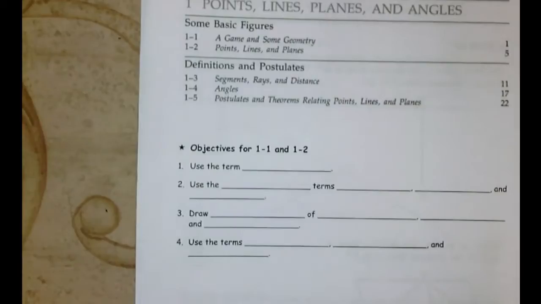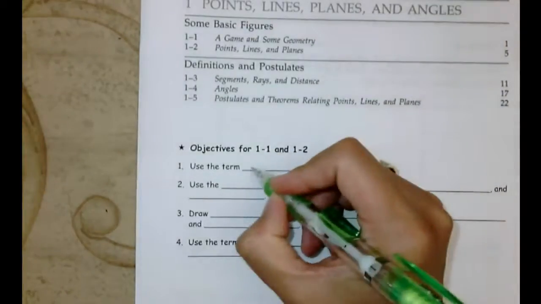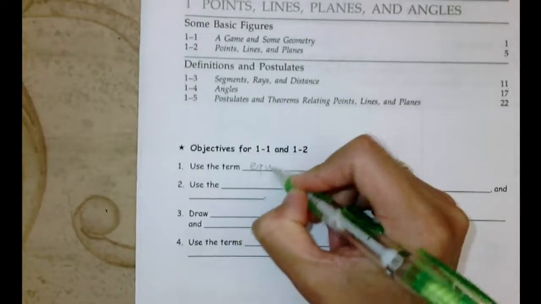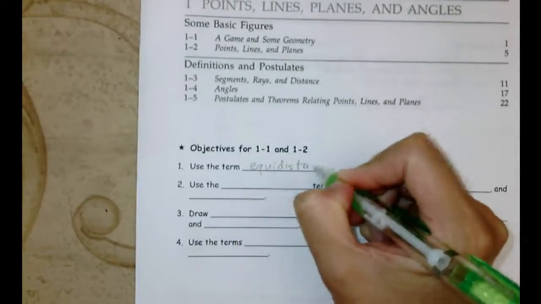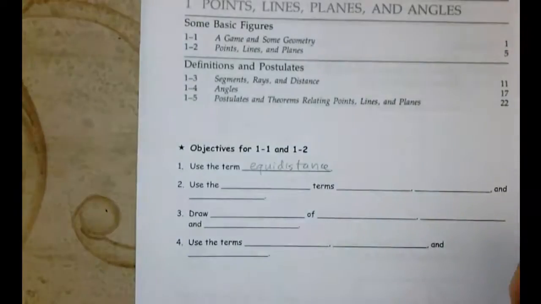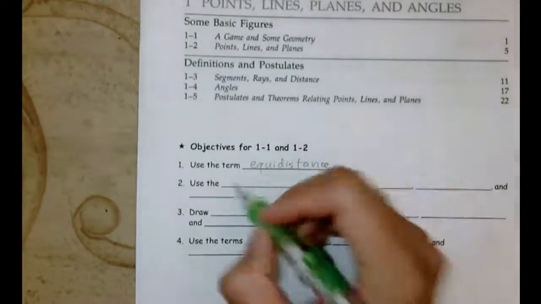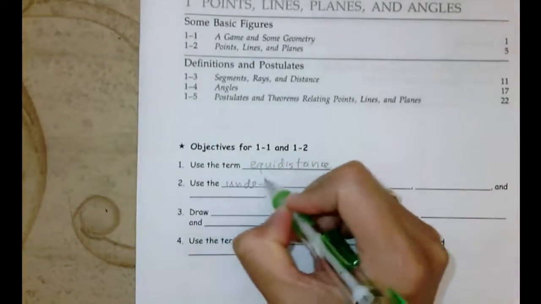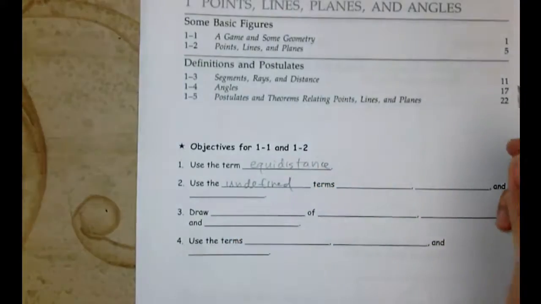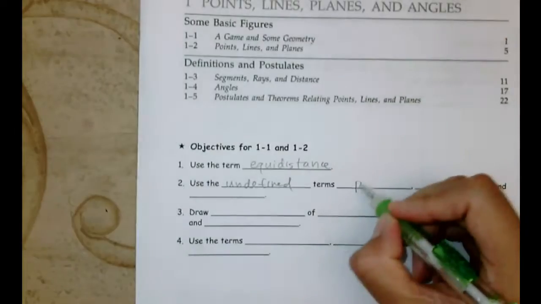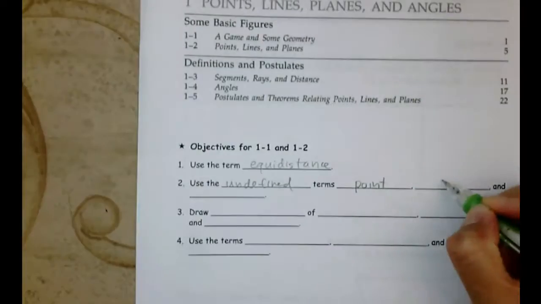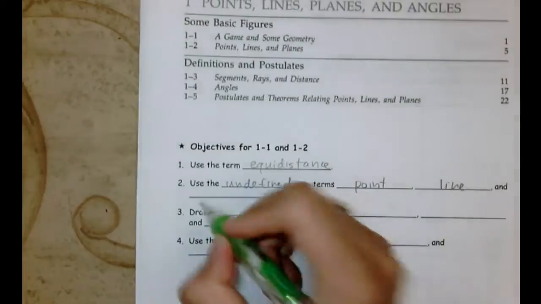So the first one is use the term equidistance. You should write this in your packet. Equidistance means they're the same distance. Second, use the undefined terms point, line, and plane.